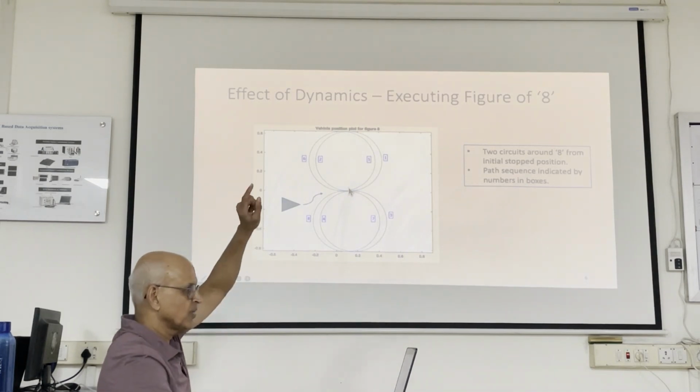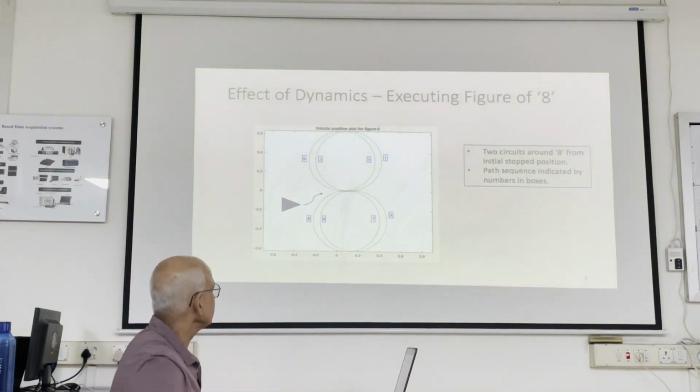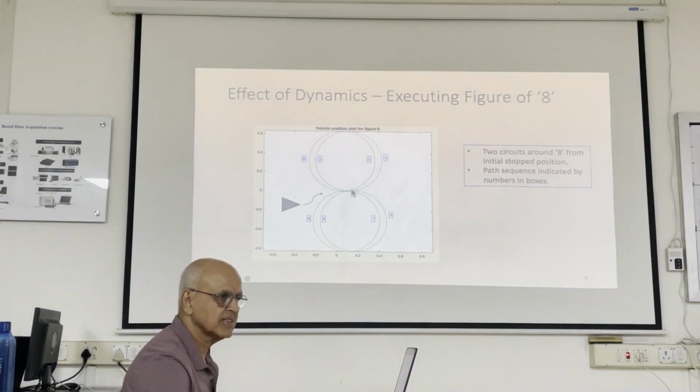And then it's going around the figure of 8 once and then twice. So the first time it takes this part, 1 and 2, it doesn't stop here. It goes right through to 3 and then to 4 and then to 5 and then to 6 and then to 7 and then to 8 and it's brought to a stop.